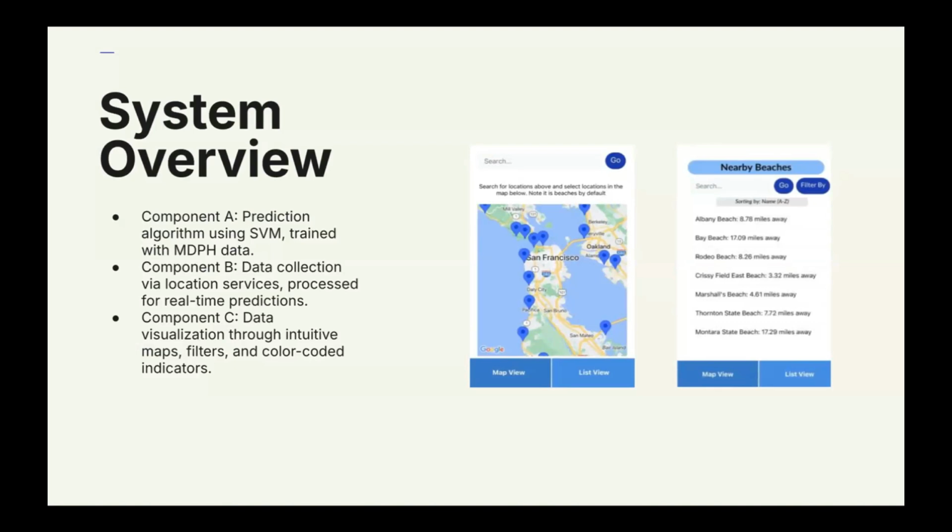The process, more simply, is that the user requests water quality information, which sends a GET request to our AI server, which includes details like beach type, location, etc. Then once we process this data, we respond with an approximation of the microbiological water quality, indicating whether it exceeds the safety thresholds of whatever local area you're in. We return this output as a JSON file, which is parsed and then presented to the users.